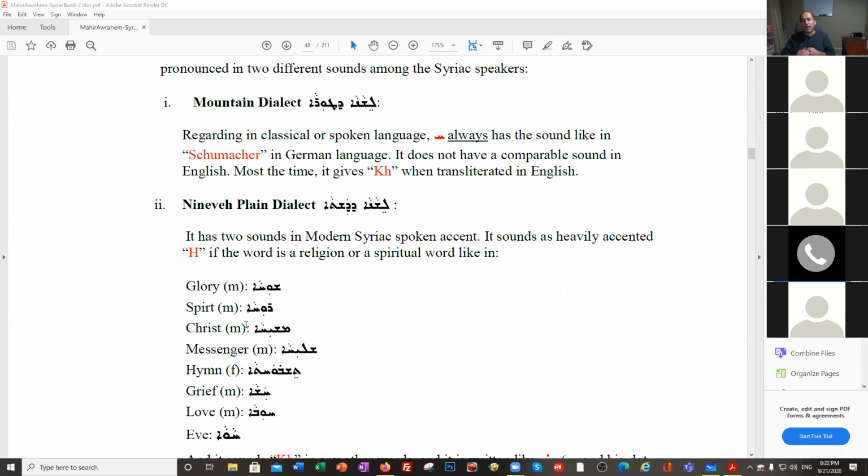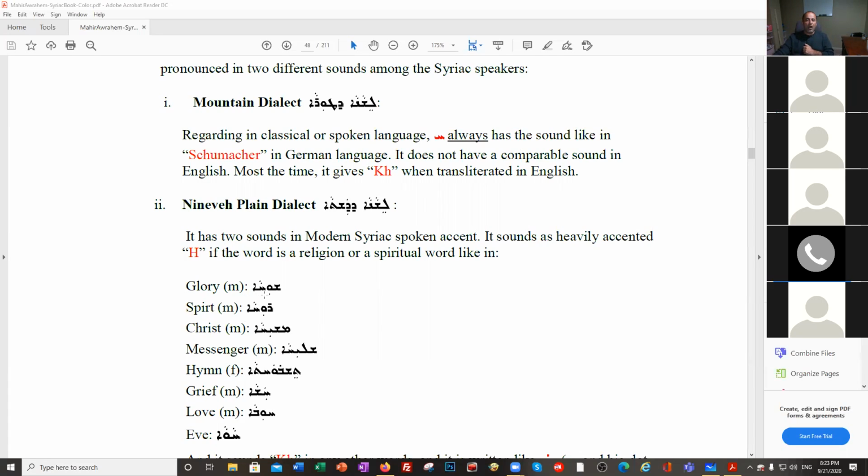It has two sounds in the modern Syriac spoken accent. The one we speak has two sounds. It sounds as a heavy accent H if the word is a religious or spiritual word, or barely used in the spoken language.